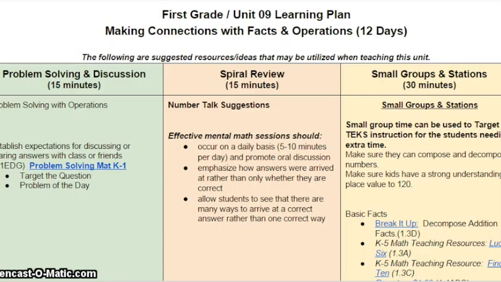So you'll see within the small groups and stations time, there's a little side note just to remind you that this time is to be used to target text within the instruction that the students are needing extra time. Specifically, we suggested making sure that they can compose and decompose numbers, as well as that kids have a strong understanding of place value to 120.